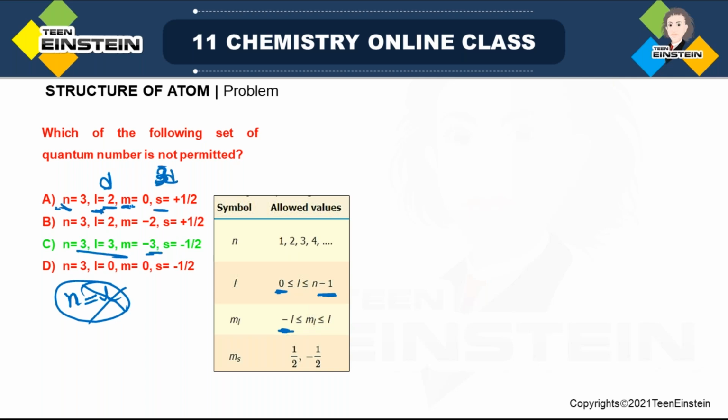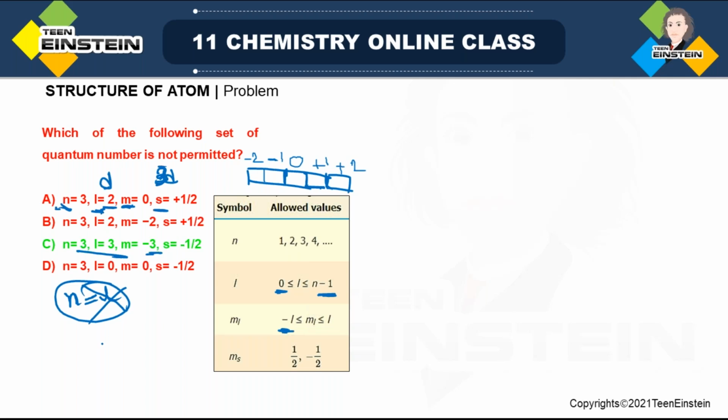And in 3d, if you see how we write it, 3d total 5 orbitals, starting from -2, -1, 0, +1, +2.